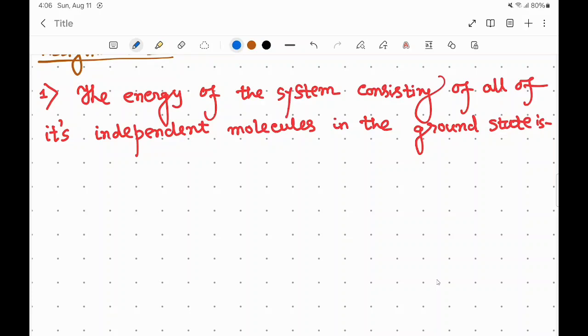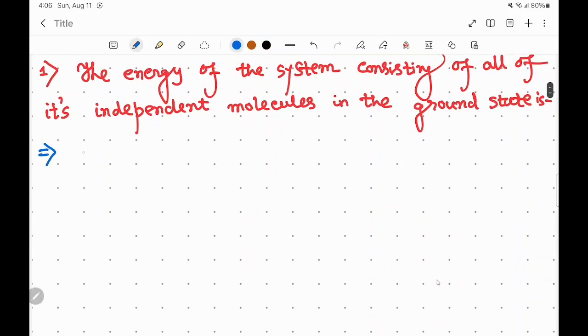What will be the energy? Zero. Why? All are in the ground state. But here you are considering that the ground state energy is zero. Let's say in the case of a simple harmonic oscillator or vibrational case, you know that the ground state energy, called the zero point energy, is not zero.